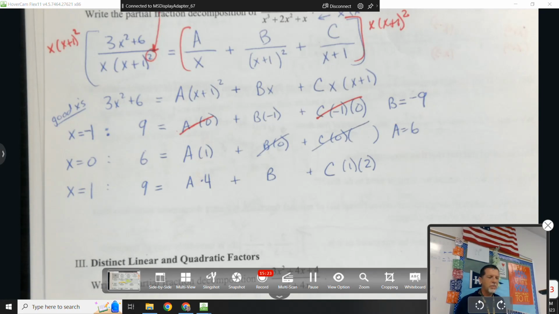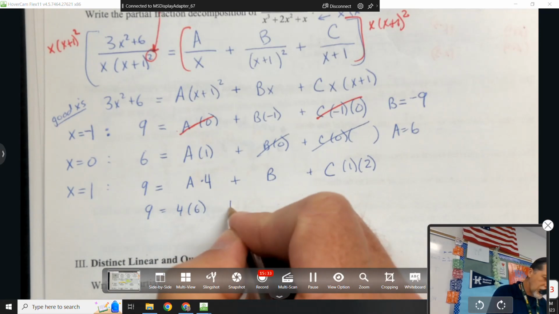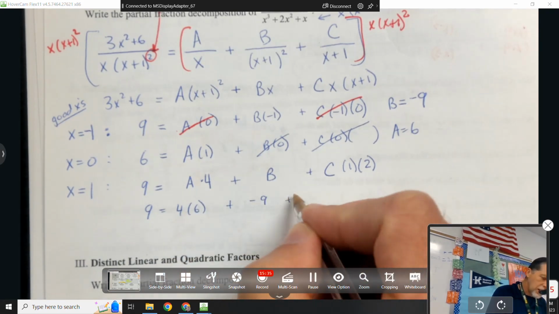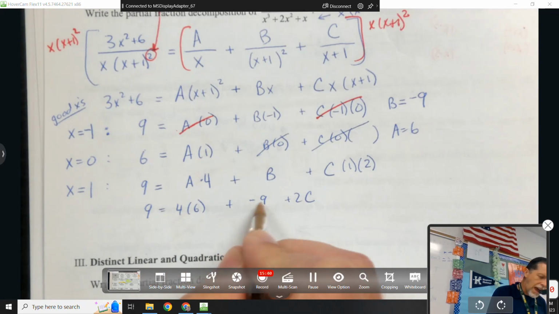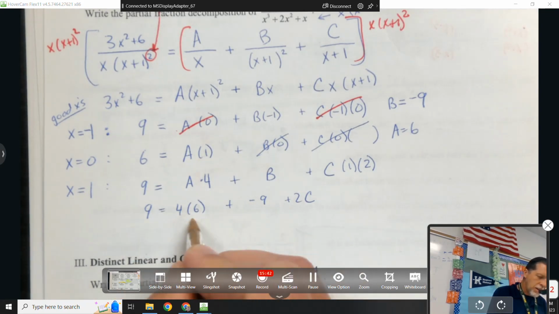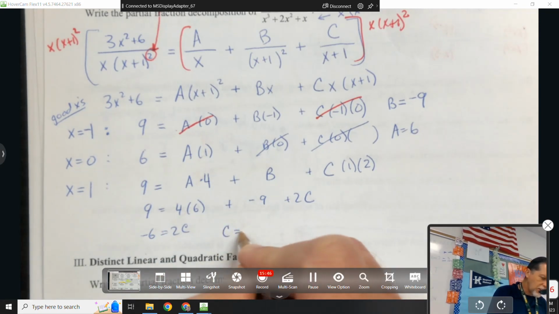I've got an a and a b stuck in there though, but I already know a and b from the values we found, so I can plug those in. So 9 equals 4 times 6 plus negative 9 plus 2c. So let's see, add the 9, that's 18. Minus 24 is negative 6. So c equals negative 3.